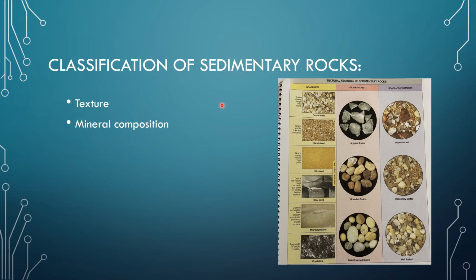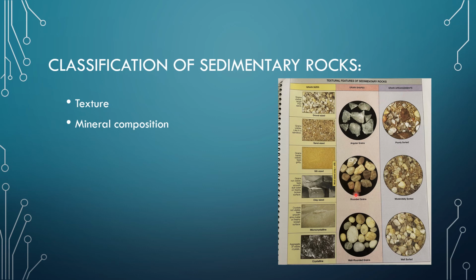So for clastic rocks, you would use this chart to help you classify it. So here we have grain size. The grain size is visibly large here, and then it gets smaller as it goes down. These are the grain shapes and the grain arrangements.